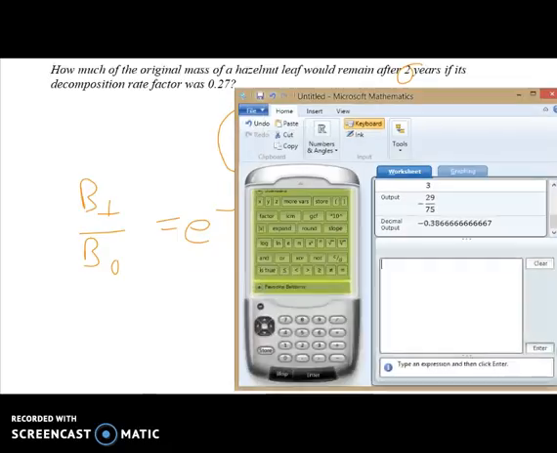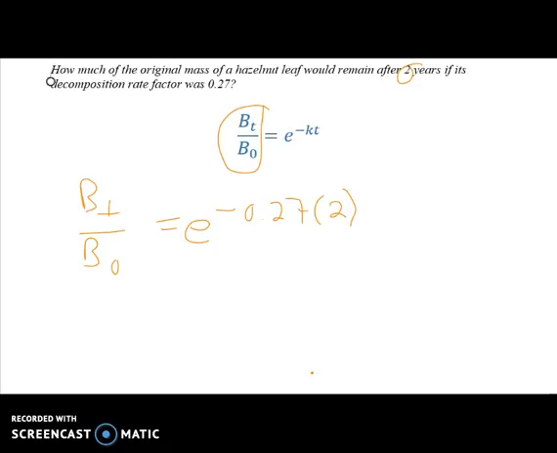So we get out our calculator. We'll do a negative 0.27 multiplied by 2, which gives us an answer of negative 0.54. But we still need to raise e to that. So once again, we just use our calculator here.